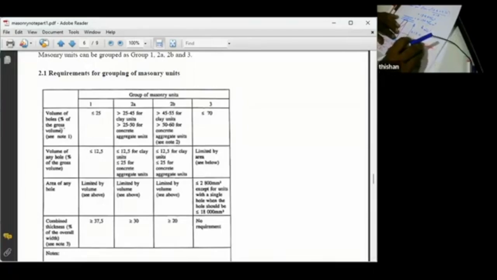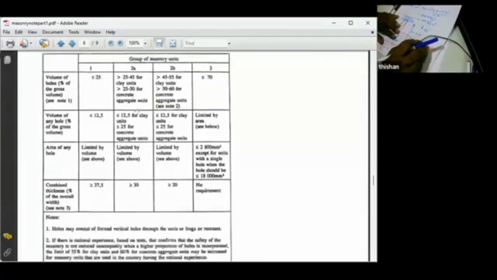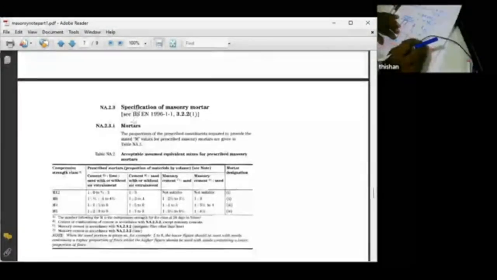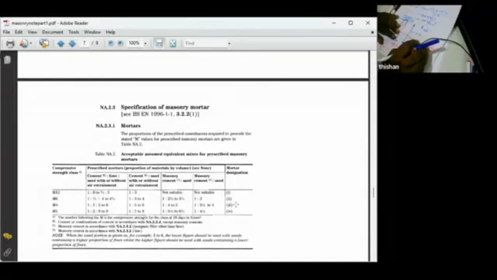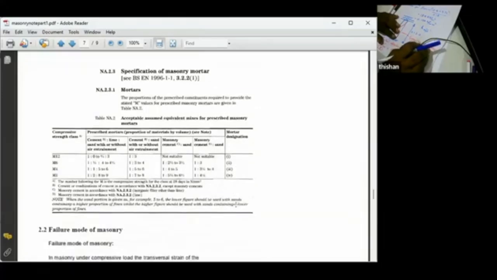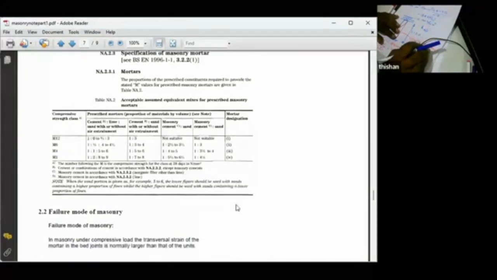So we may be in this category. So we are type of two-way blocks. And the mortar that we use is M4 mortar, giving a strength of 4 newtons per millimeter squared at 28 days.